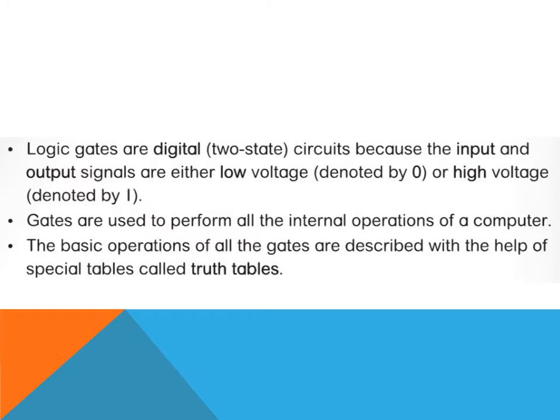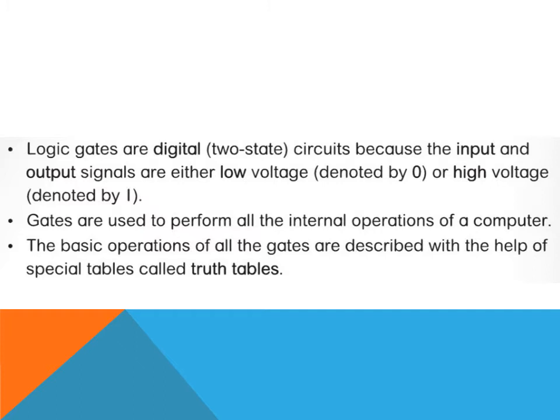Next point. The basic operations of all gates are described with the help of a special table called the truth table. So, for the time being, just remember this, okay? The basic operations of all gates are described using a special table, and that table is called the truth table.